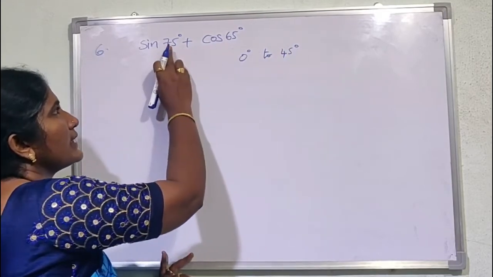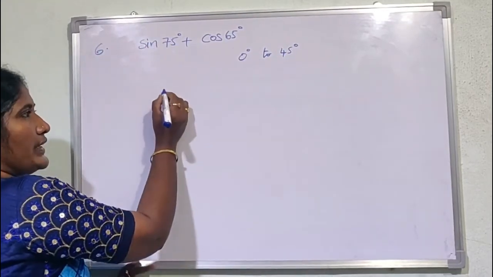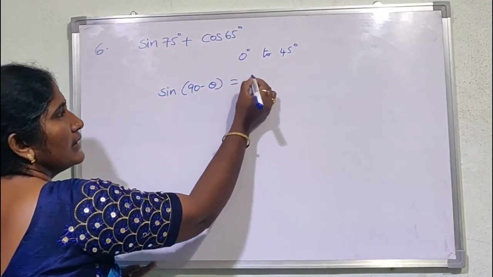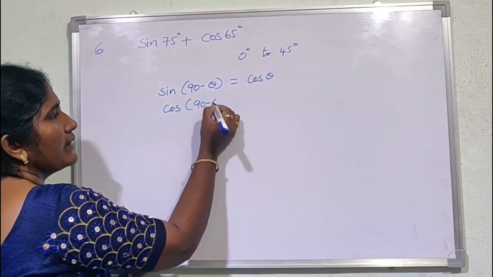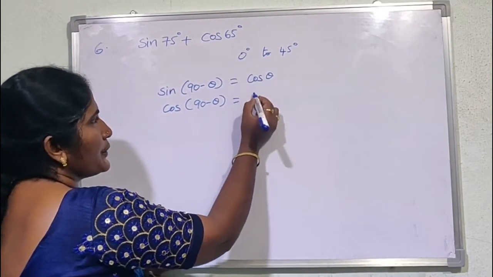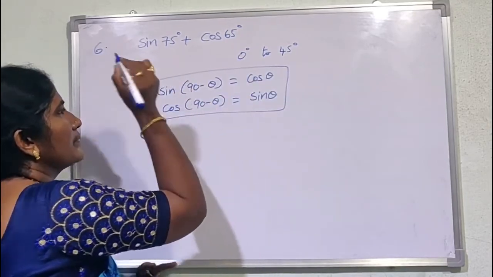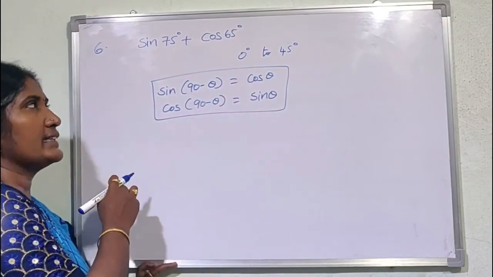Here actually they are more than 45 degrees. Now already we know that sin 90 minus theta is equal to cos theta, and cos 90 minus theta is equal to sin theta. Whatever identity we are using, it's better to mention.